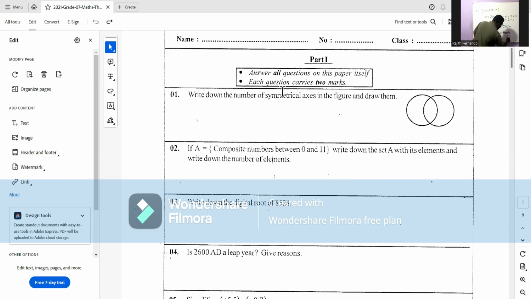Even though it can divide by 4, it is divided by 100, so you have to say that it is not a leap year.